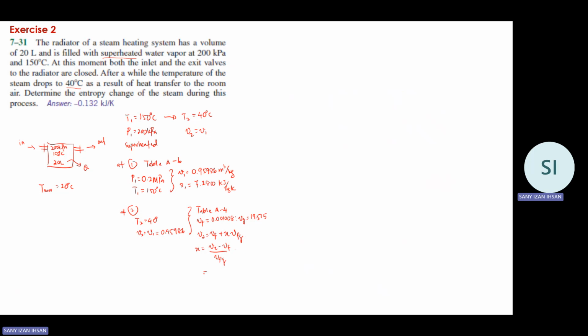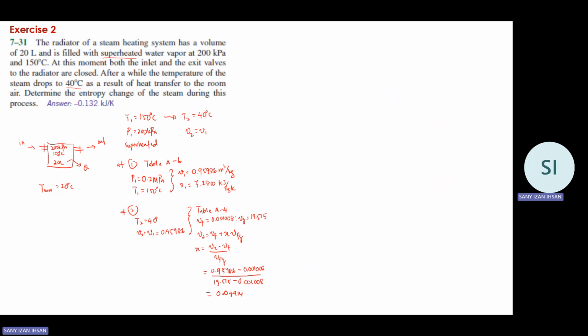Let me rewrite for the sake of completeness: 0.95986 minus 0.001008, divided by 19.515 minus 0.001008. If you do that, you get X equal to 0.04914. You can check the calculation. So this is our X value.